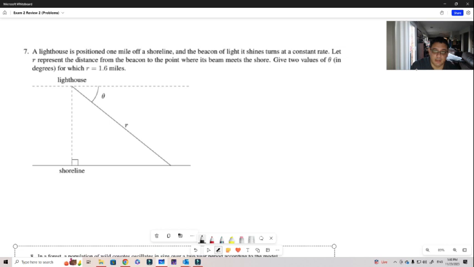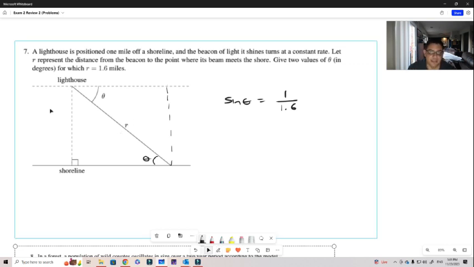So remember this, we can create a triangle here with this opposite, or that also is going to reflect this angle here. So we might be thinking in this triangle, or we might be thinking in this triangle. Regardless of that, we're going to have that the sine of theta is going to be 1 over 1.6 miles, since this is the opposite value over the hypotenuse.